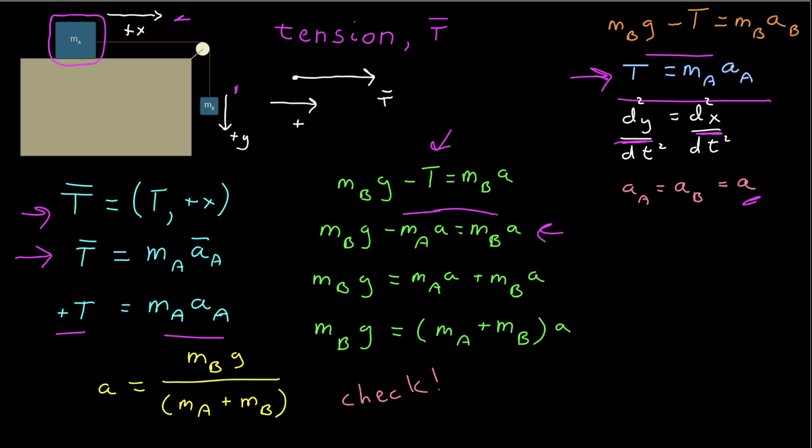I have mass of B in both the numerator and denominator, but in the numerator, it's going to go up by a larger fraction than in the denominator because of the sum. So as mass B increases, a increases. And of course, mass A only shows up in the denominator, so as it increases, a decreases. That makes sense, and so I believe that I found the right answer.